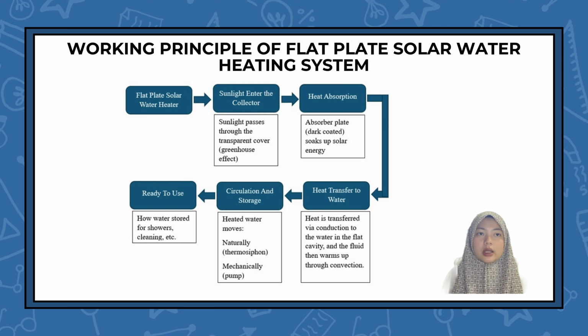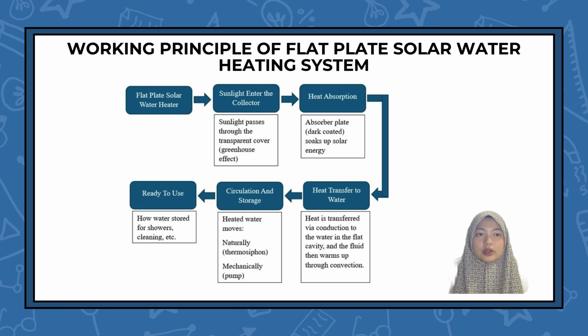First, sunlight will enter the collector, where the sunlight passes through the transparent cover, and then heat absorption happens. The dark-coated solar plate soaks up the solar energy, and then the heat transfer will happen. The heat will transfer to the water via conduction in the flat cavity, and the fluid then warms up through convection.